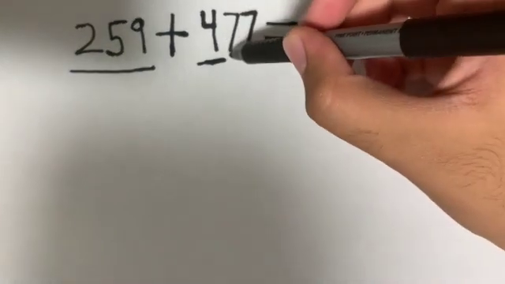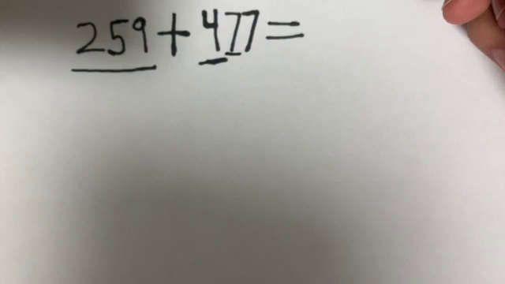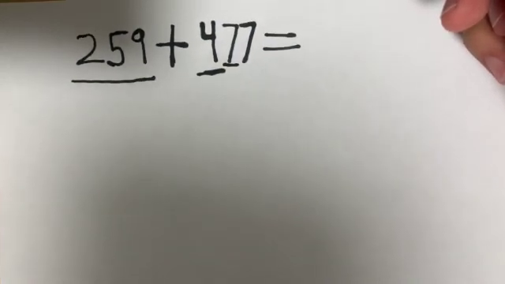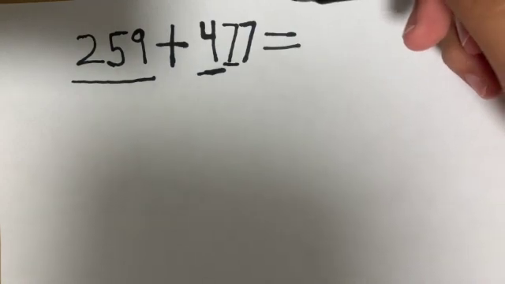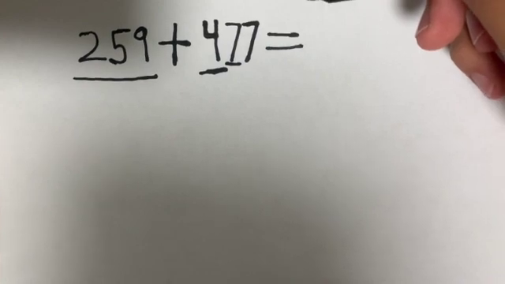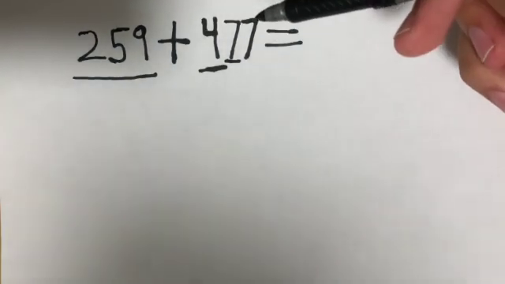Now we're going to move on to the tens place, which is this 7 right here. Since this is in the tens place, you count up by 10.